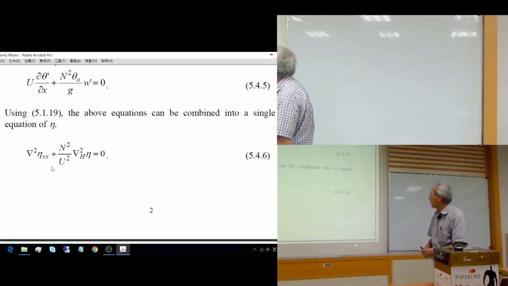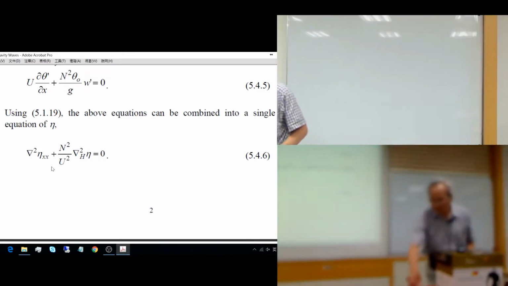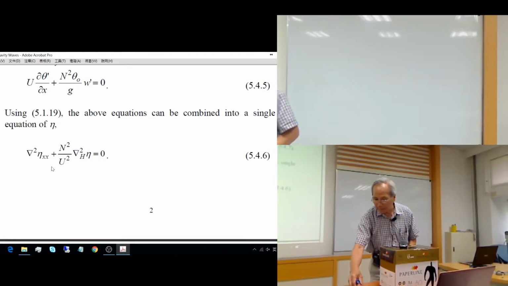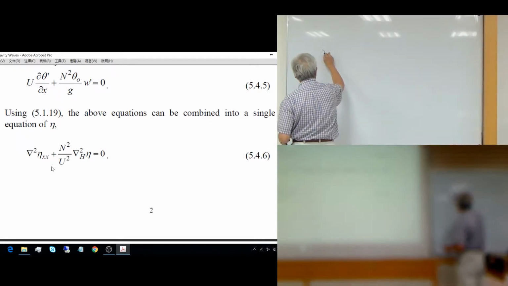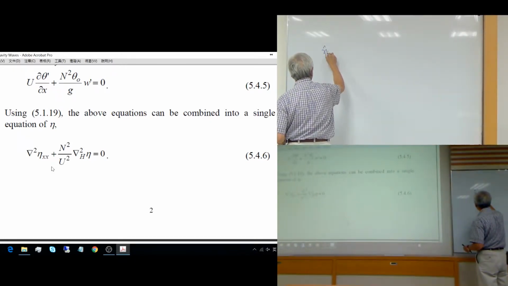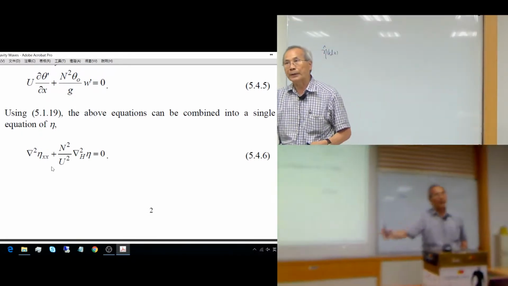And the regular Fourier transform is, we have eta hat of k, l, g. We just do the Fourier transform in x and y directions.